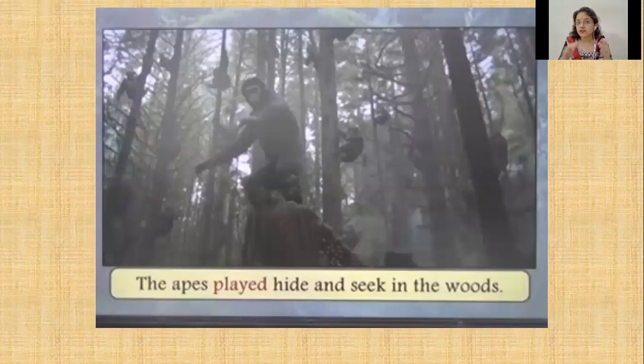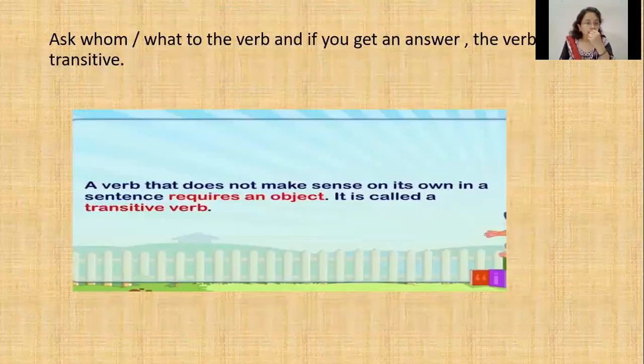Generally we do not get the answer of the question where for the object in a sentence. We always get the answer of the question what and whom. So ask whom and what to the verb. If you get an answer, the verb is transitive.